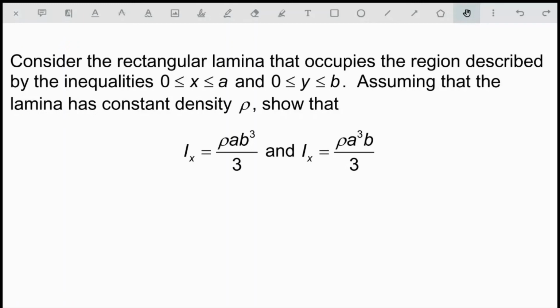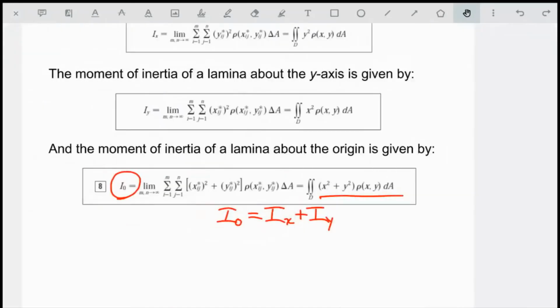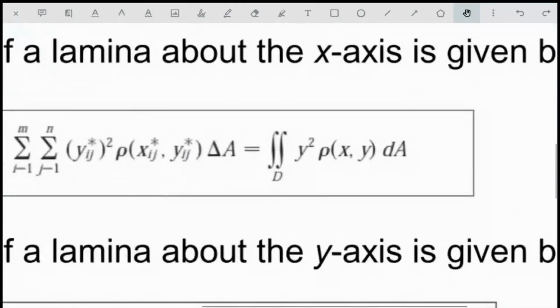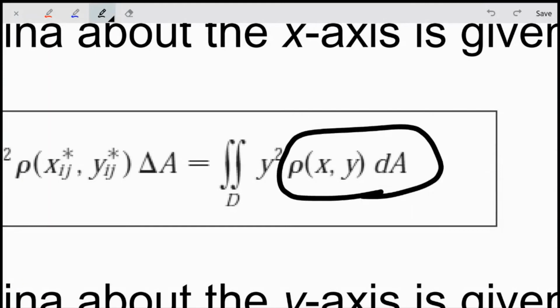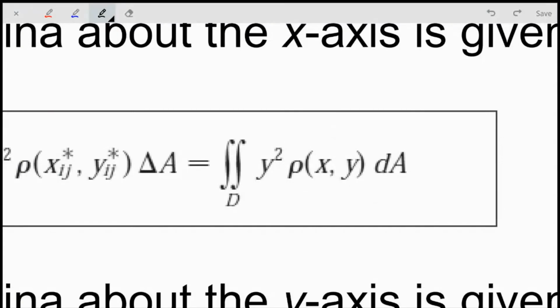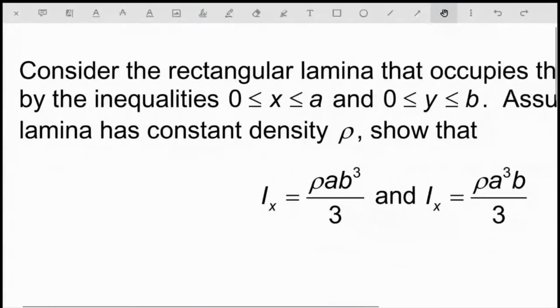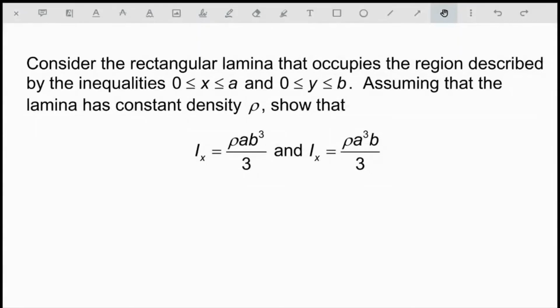When we do the moment of inertia, the mass is factored into the setup. We don't do a separate mass calculation, but it's embedded within the setup that we're going to use.